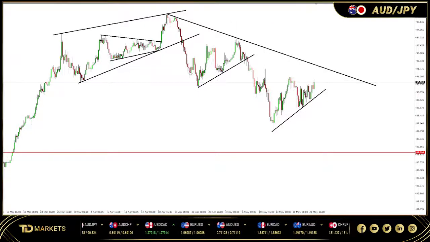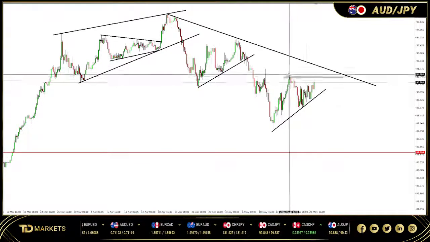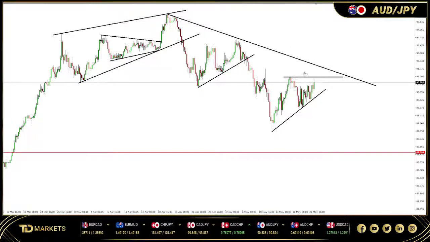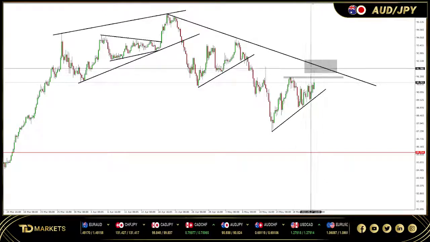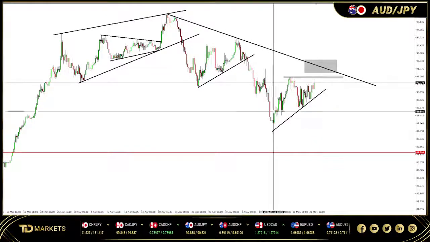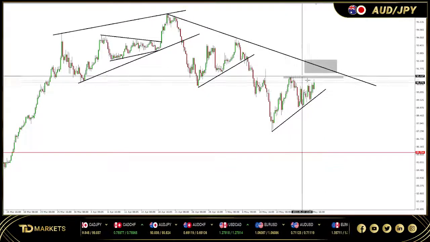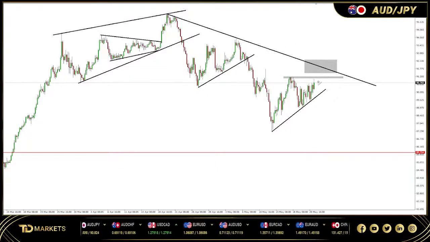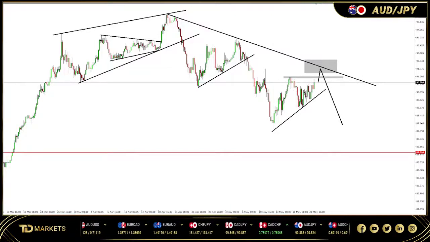We'll be looking at price action as soon as the market breaks above this top. We're expecting a run around this area. We're going to look for selling opportunities as soon as the market breaks that top, according to the structure that we have identified here. As soon as the market goes inside the zone, then anywhere around that zone we'll be looking for more downside. So AUDJPY, keep an eye out on that.